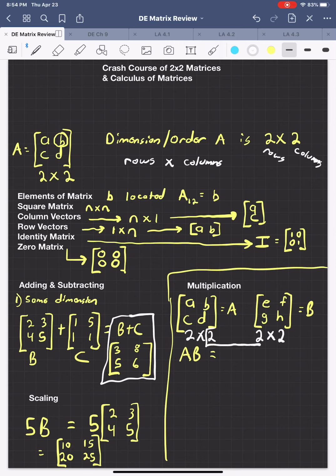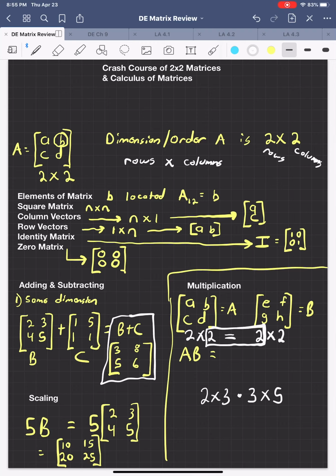These entries right here have to be equal to each other in order to be able to multiply a matrix. So they don't have to be the same order, right? I'm going to erase this, but if you had a 2 by 3 and you wanted to multiply that by, I'm going to use a dot instead of the X, a 3 by 5 matrix, although the dimensions are clearly different, I mean they would look massively different.